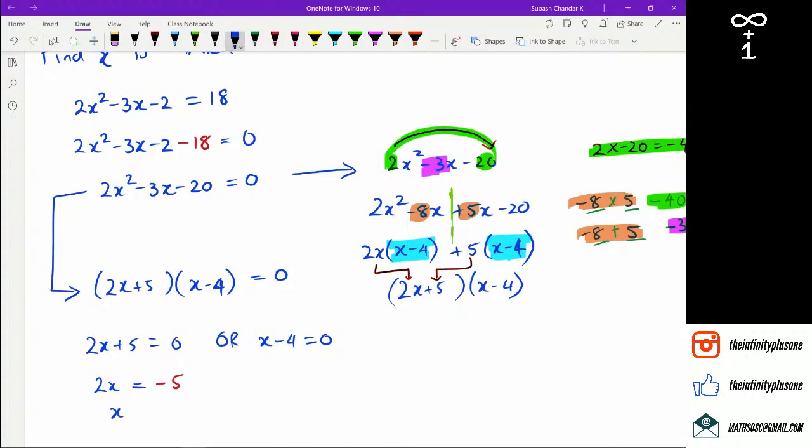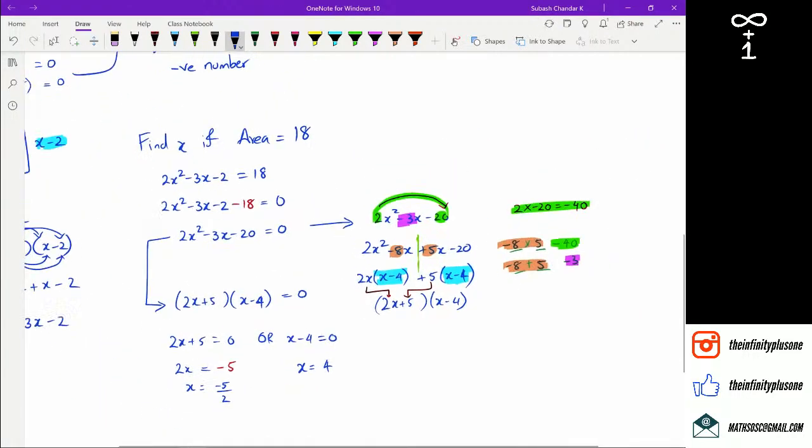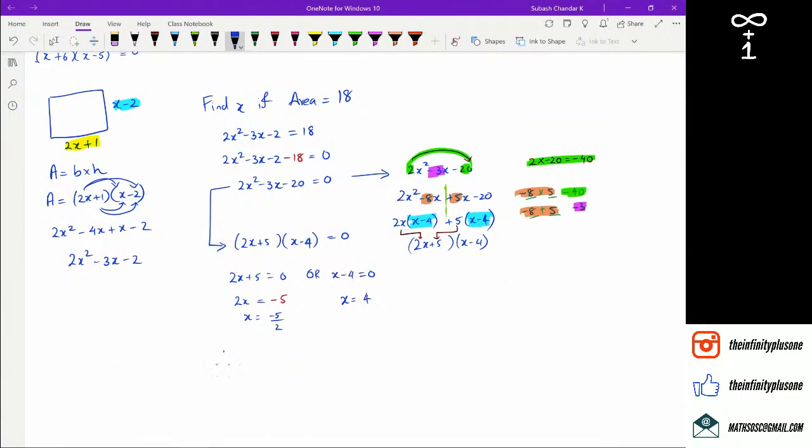And then x is equal to negative 5 divided by 2. As for the second case, I've got x is equal to positive 4. So in this case, I can straight away say, therefore, x is equal to 4, as x can't be negative.